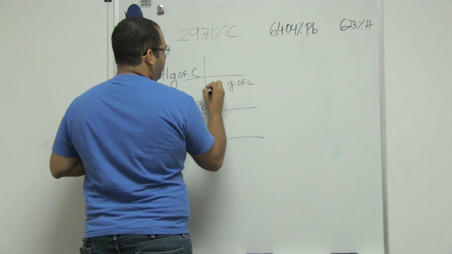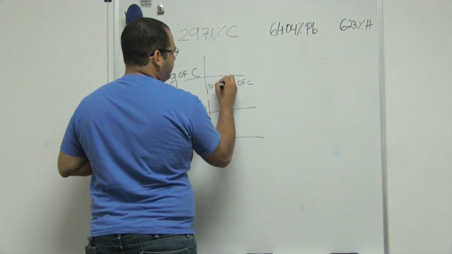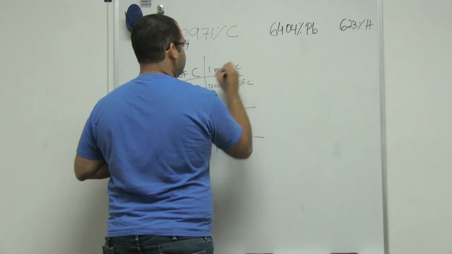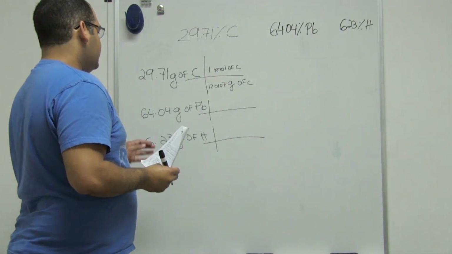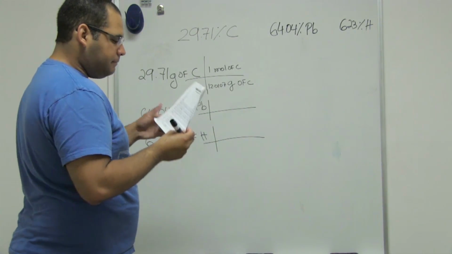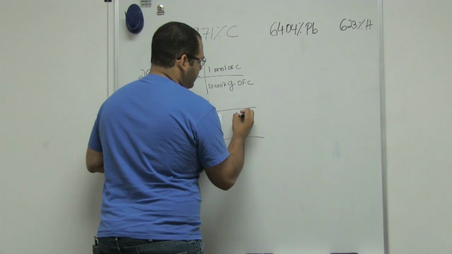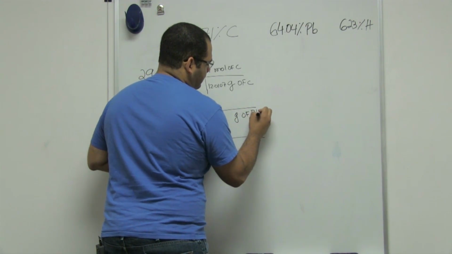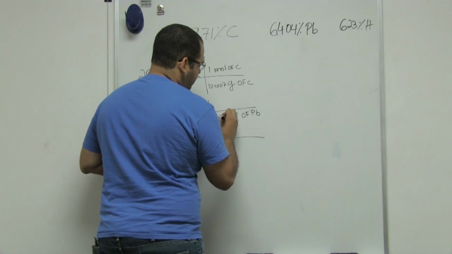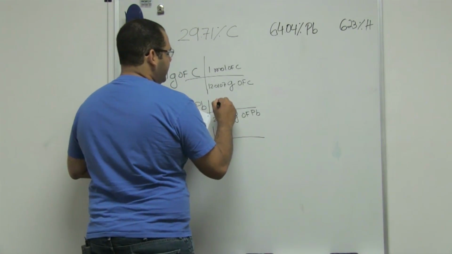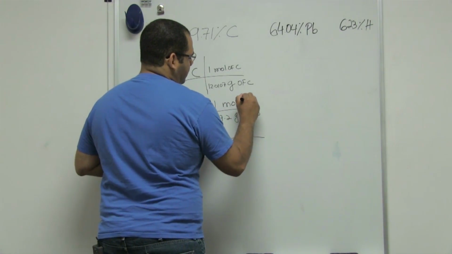Carbon, I know this is 12.0107 grams for 1 mole of carbon. Then I go for lead, and I know that it is 207.2 grams for every 1 mole.